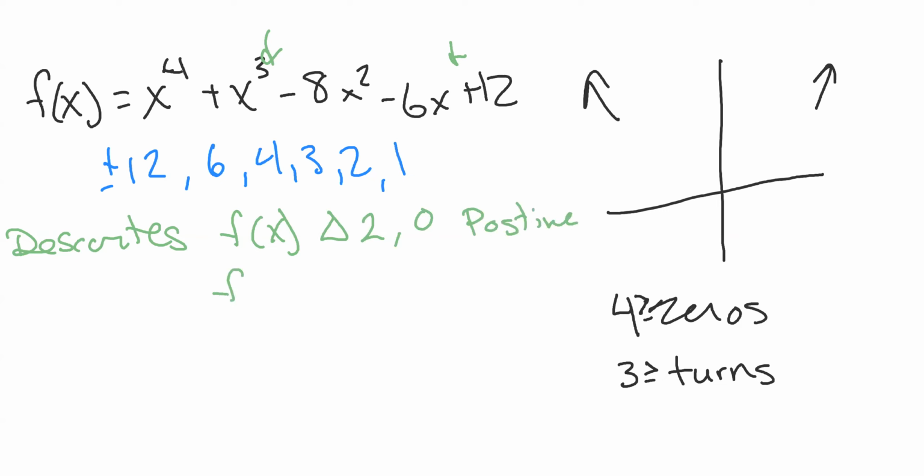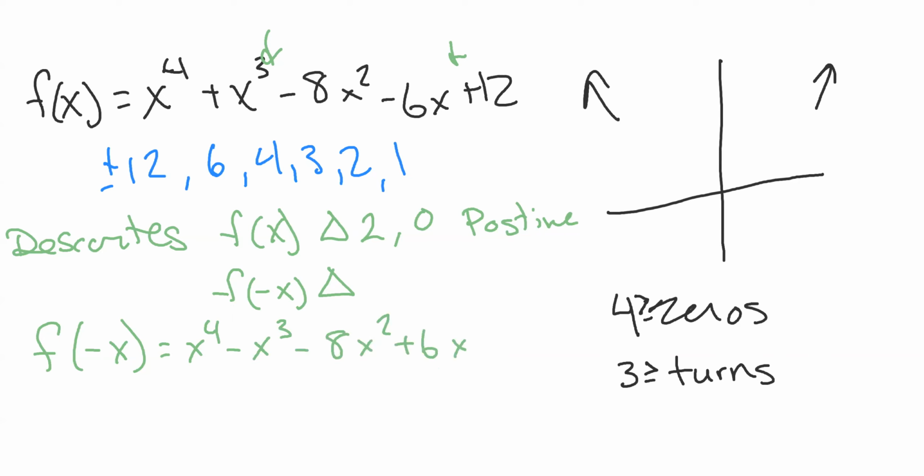And then let's take a look at f of negative x and how many times that changes sign. F of negative x is going to be x to the fourth minus x to the third minus 8x squared plus 6x plus 12. So f of negative x changes sign twice also. So we've got 2 or 0 negative real roots.